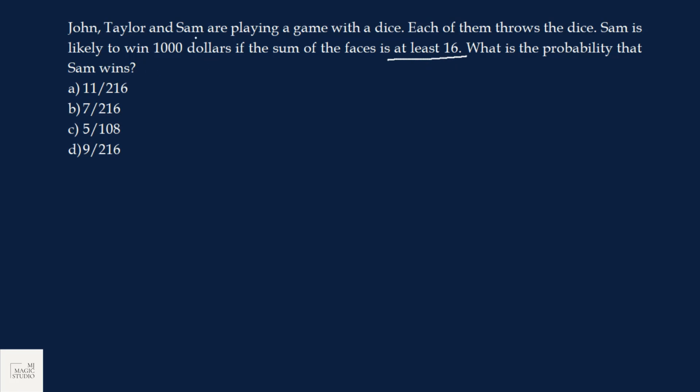Since 3 of them are throwing individually, total number of cases that we can have is 216 cases in sequence. Now, the highest number that can appear on these dice is 6. And so the highest total on these 3 dice can be 18. We are looking out for the cases where the total is at least 16.